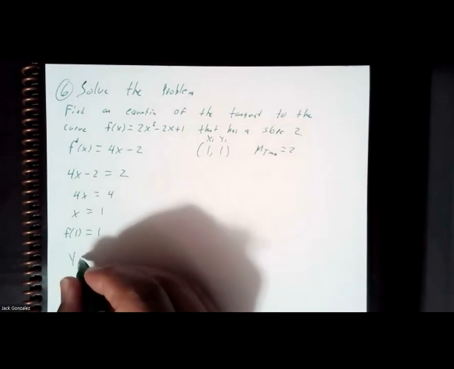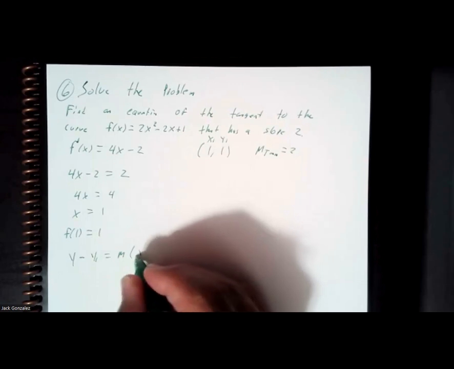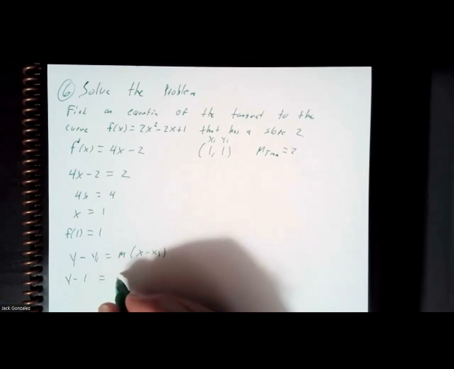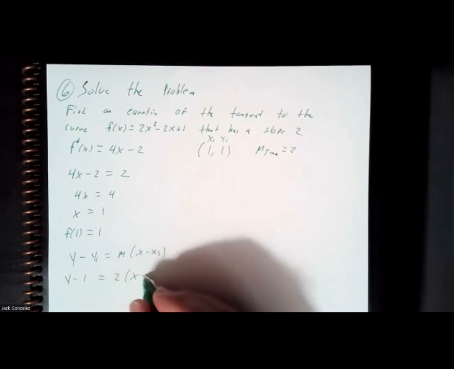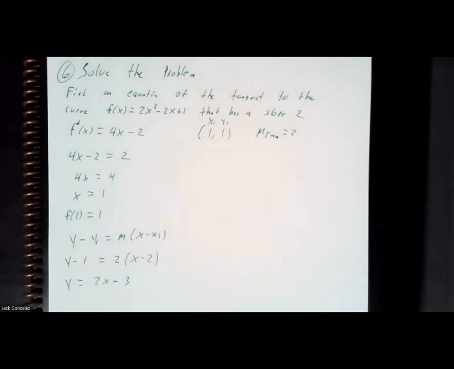So just answer the question. Y minus y1 is equal to m times x minus x1. Y minus 1 is equal to 2 times x minus 2. So y is equal to 2x minus 3. Or is that wrong? Let me see. You put 2 for x1 when it should be 1. Oh yeah.